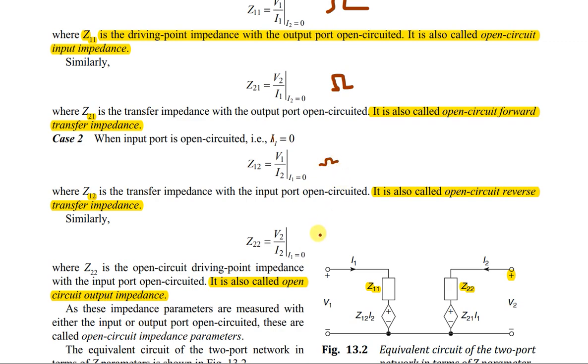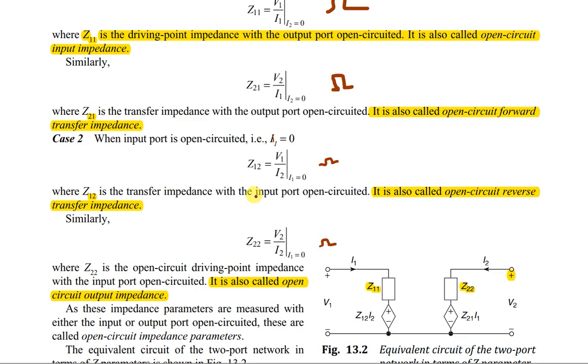All units are impedance. So when you make I1 equal to 0, Z22 is equal to V2 by I2. It is output voltage by output current with I1 equal to 0. So Z11, Z21, Z12, Z22 are all ratios of voltage by current. That's why it's called impedance and its unit is ohms.